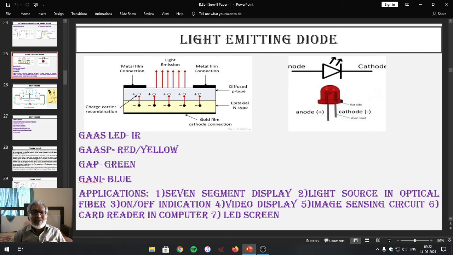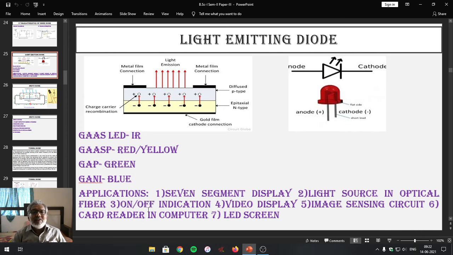Friends, LED is used as an on-off indicator to show that a particular device is on or off. You might have observed this on-off condition in the electronics laboratory if you visited the practical lab, or you might have observed it on your mobile. It indicates that the device is turned on or turned off.